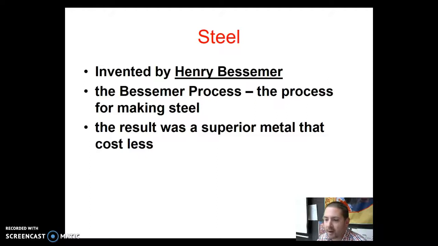So steel is iron where the impurities have been burnt off. The Bessemer process is essentially the injection of oxygen into molten iron, which heats up the ore hotter, and it means the impurities can be burnt off much more easily. So this makes superior metals at a cheaper cost, and it's really helpful for those two, urbanization and the train systems.